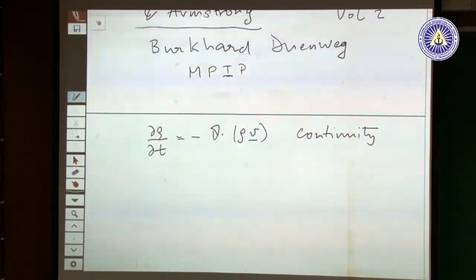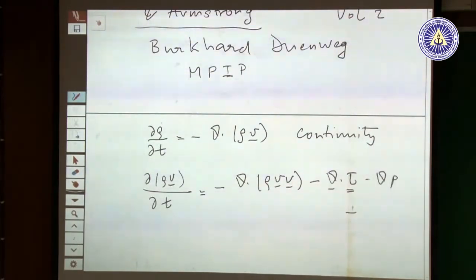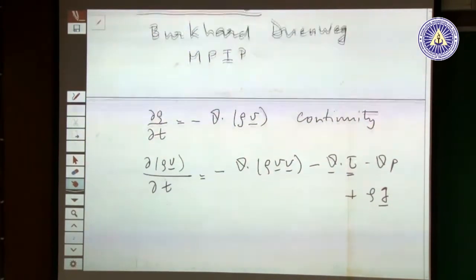And you need to, for an isothermal material, for simplicity, you need to satisfy the equation of momentum. G is the gravitational acceleration, P is the pressure, tau is the stress tensor, V is the velocity, and rho is the density.